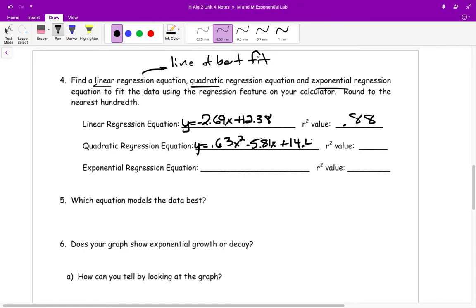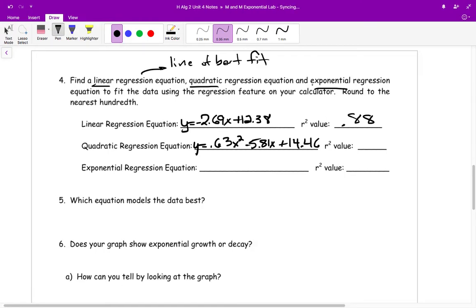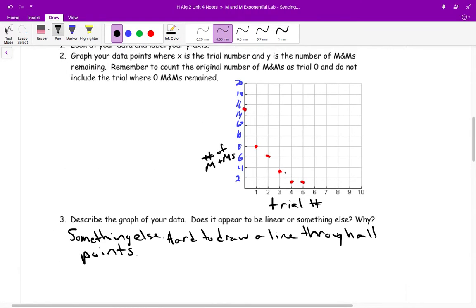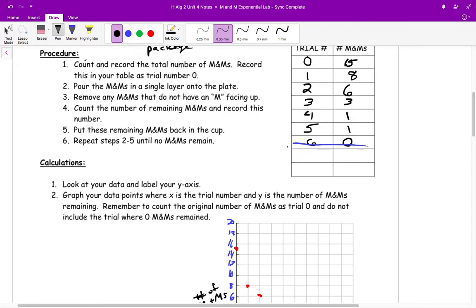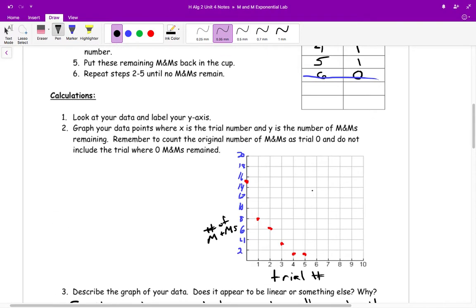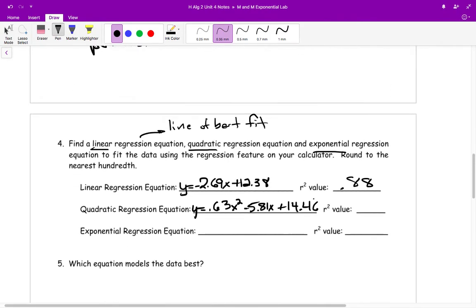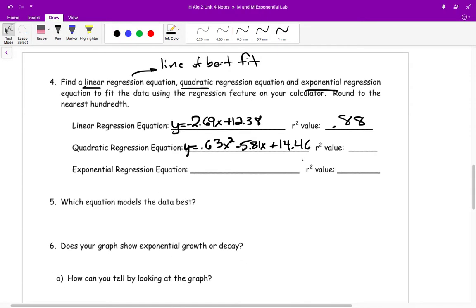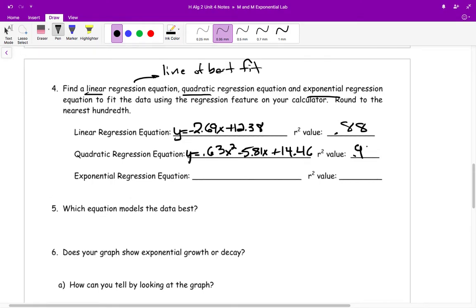The reason yours is most likely different is you don't have the exact same values, so you wouldn't have all of these values on your graph because your trial number and number of M&Ms are different. Unless you somehow rolled the exact same thing I did, which honestly I highly doubt. Nice try. The r squared value for this one was a little different. It was 0.98, and we'll talk about what that r squared value means.